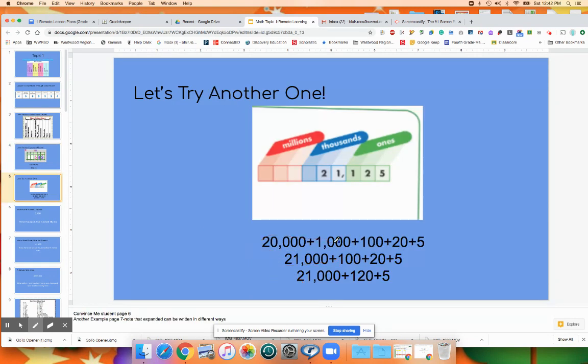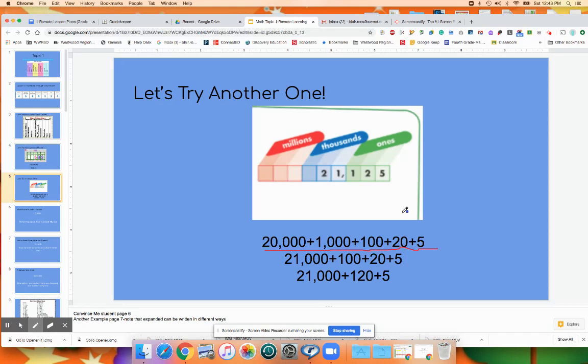So here's one right out of the book. And I like this number because it shows us the periods, right? The ones period, the thousands period, and the millions period. So this is our number, 21,125. The first example I have here, which I'm underlining, I did the traditional way to do expanded form. I broke it up by each place value. So 20,000 plus 1,000 plus 100 plus 20 plus 5, right?